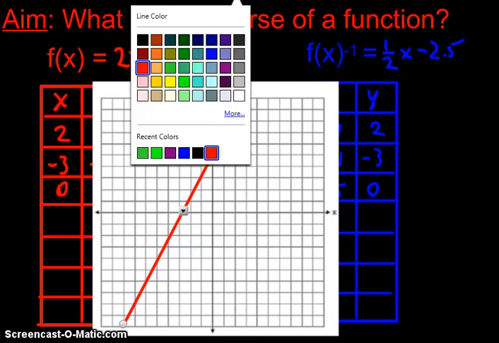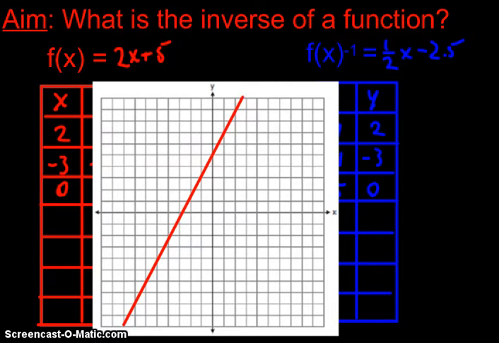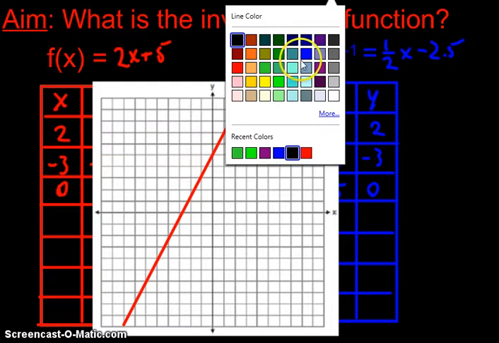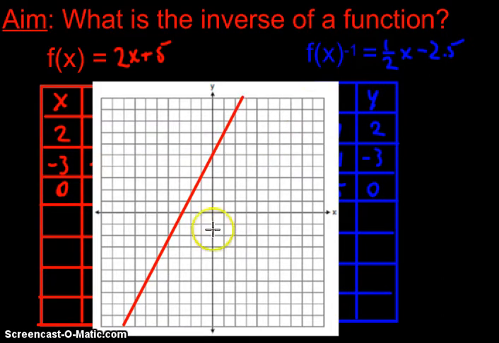And the blue line we're going to have now starts at negative 2.5 and goes up 1 over 2. Up 1 over 2. So it looks like that.